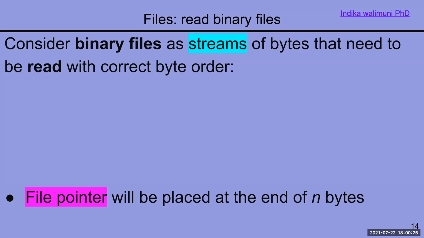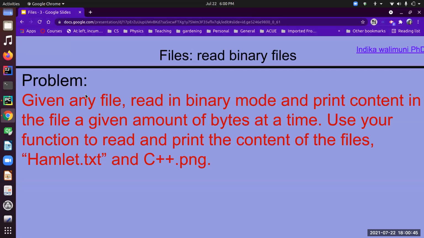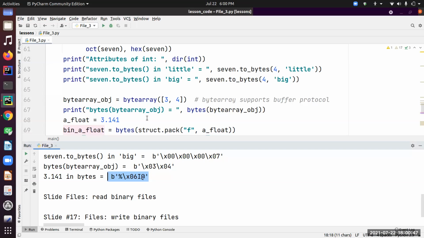The file pointer will be placed at the end of those bytes. All right, so let's practice reading from binary files using this problem. I copied the problem into my PyCharm.